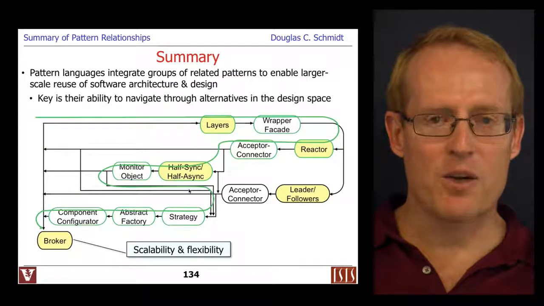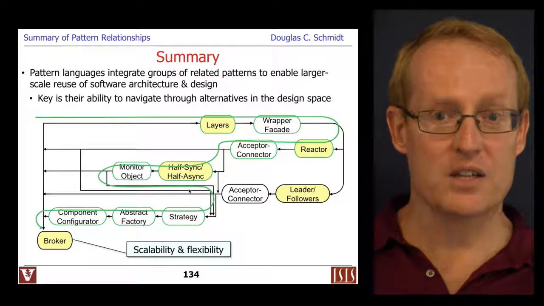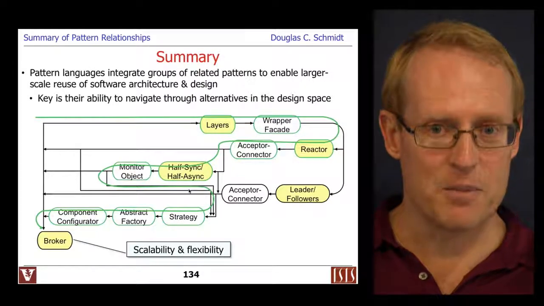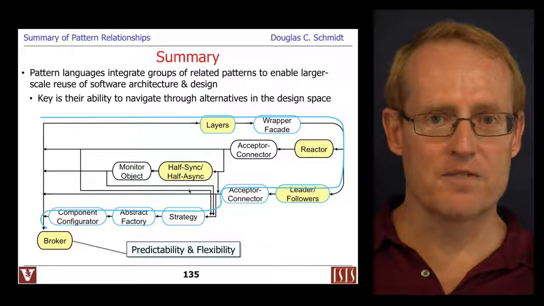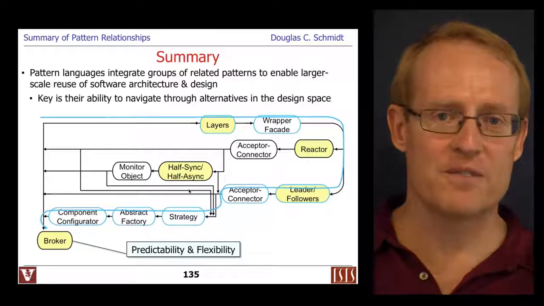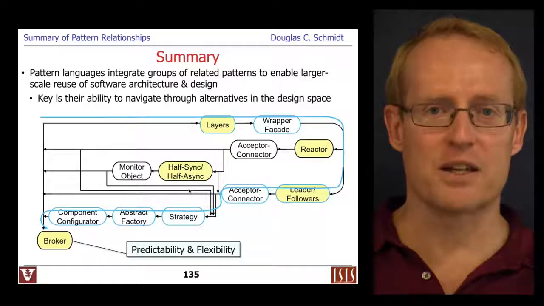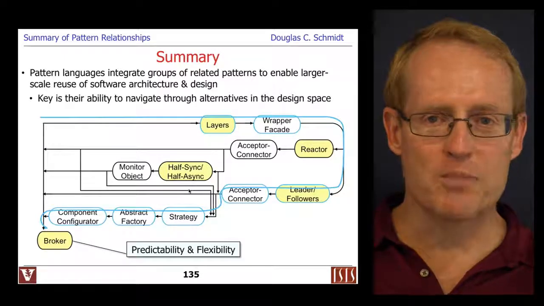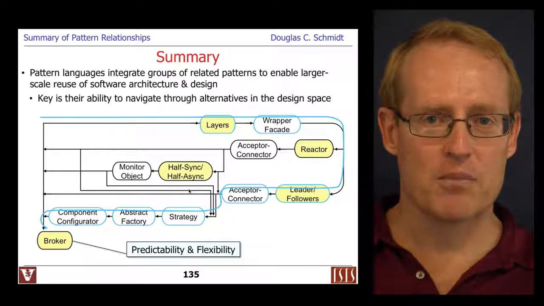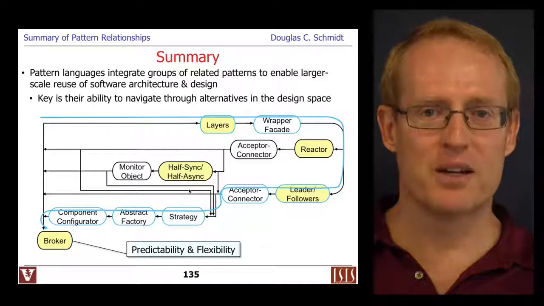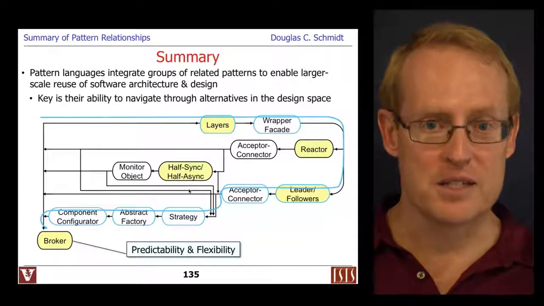We also talked about how we could use the Half-Sync/Half-Async pattern in order to enhance scalability and flexibility. And then we also talked about how we could apply other patterns like leader-followers instead of Half-Sync/Half-Async in order to emphasize predictability and flexibility. As usual, it's up to the architects to figure out what the right choices are going to be, and patterns help them do a more effective job at determining what the trade-offs are and navigating through those alternatives in a systematic way.